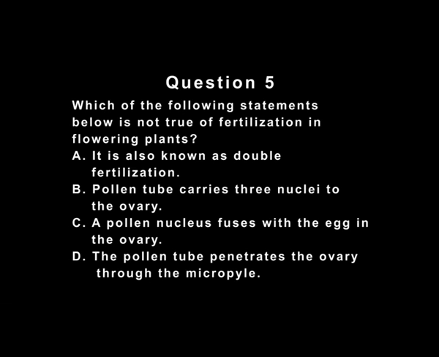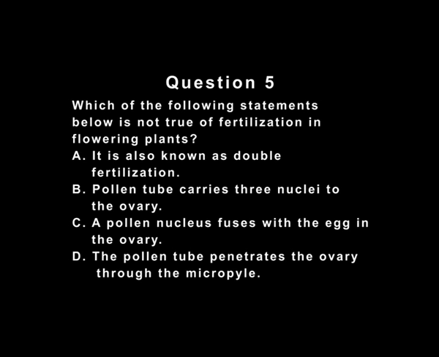Number 5, which of the following statements below is not true of fertilization in flowering plants? Now, this question is based on fertilization in flowering plants. And so, any one that is not describing the procedure is the one you are looking for. It's not true of fertilization in flowering plants.